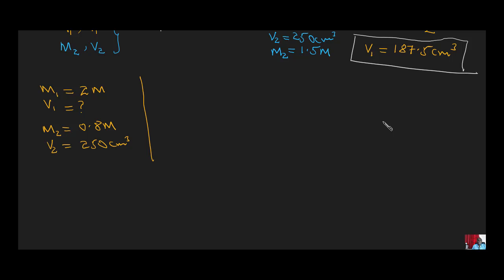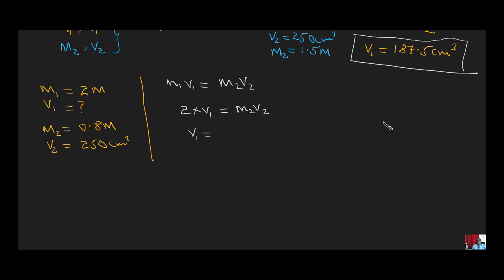How do we calculate this? We know M1 V1 is equal to M2 V2. So 2 multiplied by V1, that is what we are looking for, should give us M2 V2.